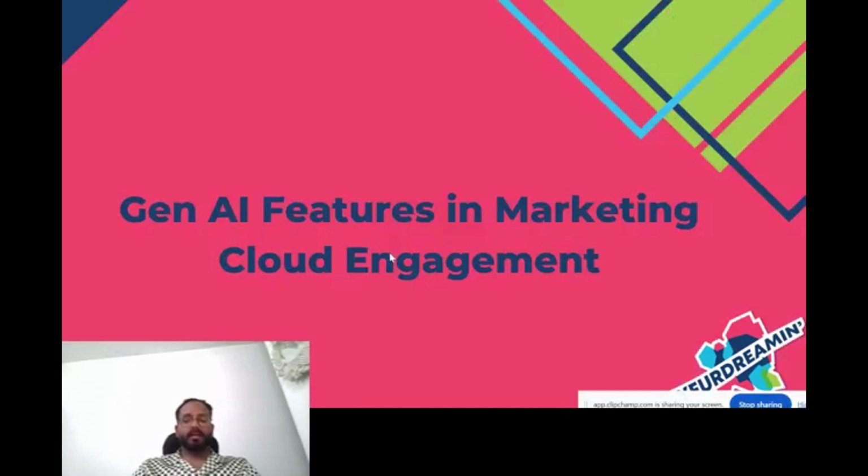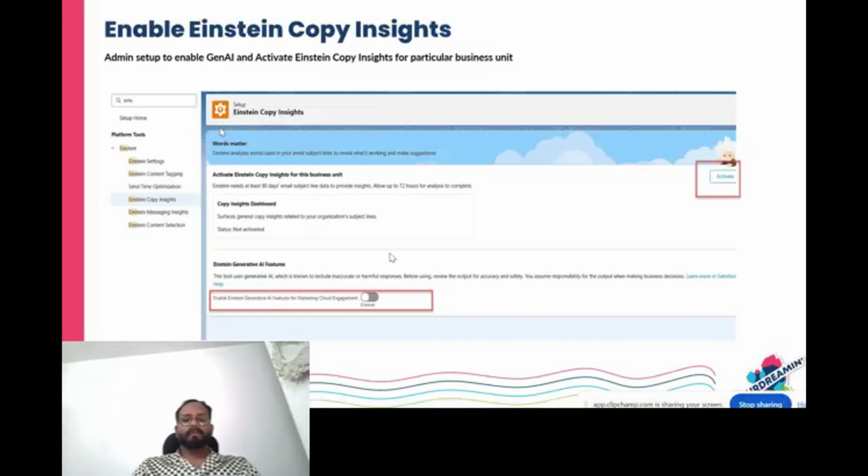Now let's move towards the Gen AI features in Marketing Cloud Engagement. The very important thing for generating the subject line, pre-header, and the content is that we first need to enable Einstein Copy Insights. In the image, you can go to the setup page and just type Einstein.